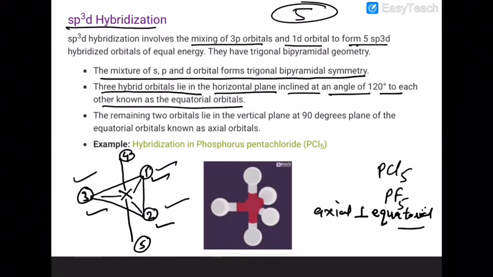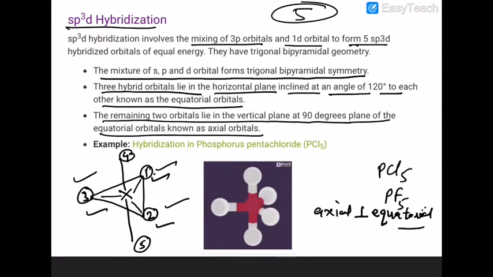So equatorial orbitals overlap with the p orbital of chlorine. So atom number 1, 2, and 3 are chlorine atoms. The p orbital of chlorine overlaps with the equatorial orbital of phosphorus to give you 3 bonds, 1, 2, 3. The remaining 2 orbitals lie in the vertical plane at 90 degrees to the plane of the equatorial bonds.